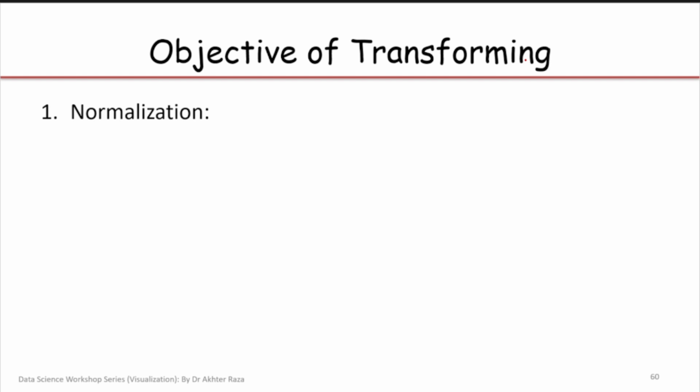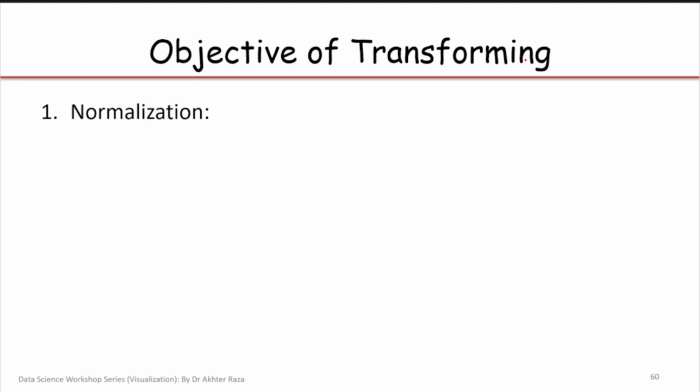Normalization means what? If the data is not normal, we can make the data normal by using a transformation. The common transformations for normalization include the logarithmic, square root, and one of the very popular transformations referred to as the Box-Cox transformation. These three transformations are widely used for normalization.